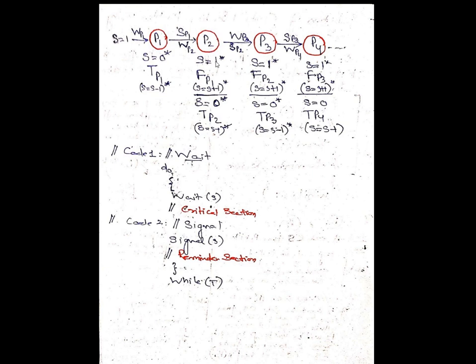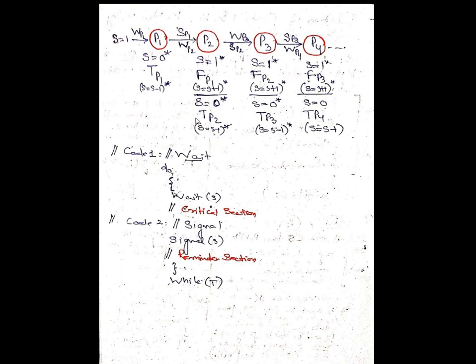When S is equal to 1, P1 is inactive, and in this case S is equal to 0. S is equal to 0 indicates that P2 is coming into the active state, that is, P2 is working.